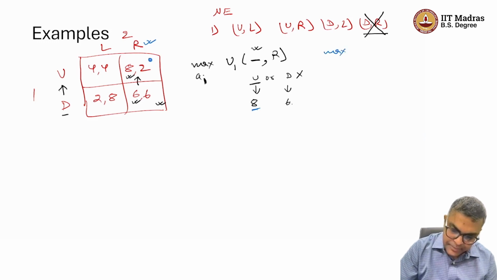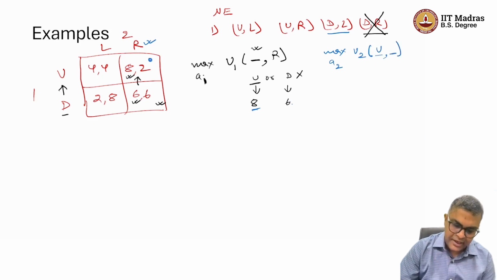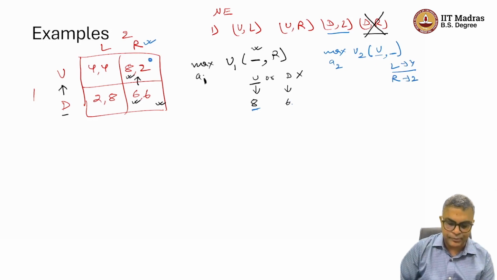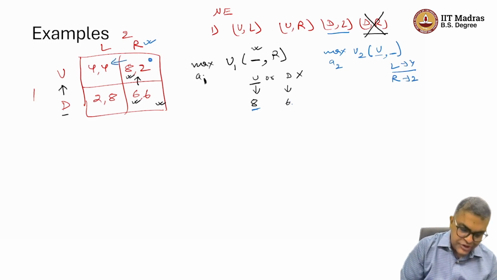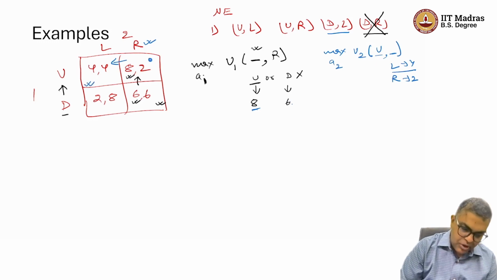Player 2 wants to maximize, given U comma R. So player 2 will take U as given, that's coming from player 1, and player 2 has to decide what to do here. L can be put here or R can be put here. L will give 4, R will give 2. So L is clearly more. So player 2 would like to change the action from R to L if given an opportunity, and therefore this is not an equilibrium.